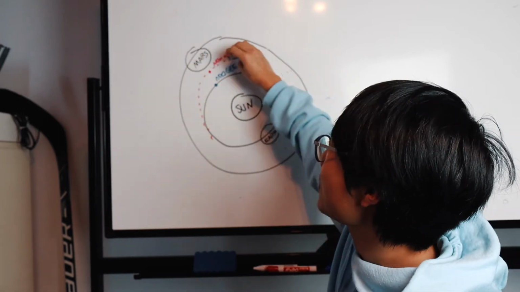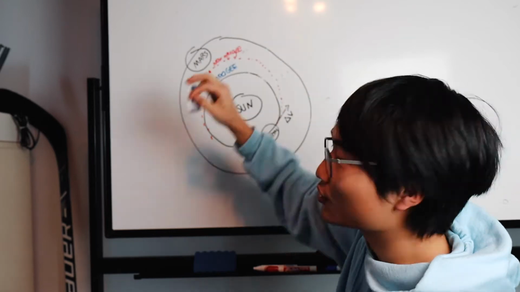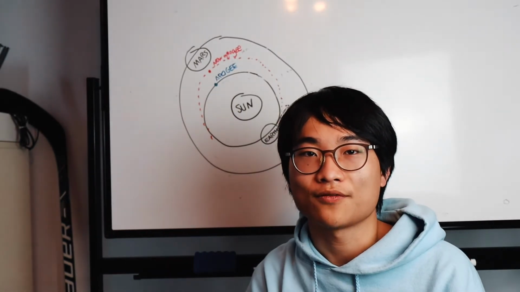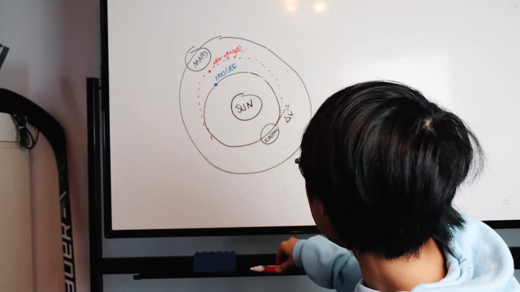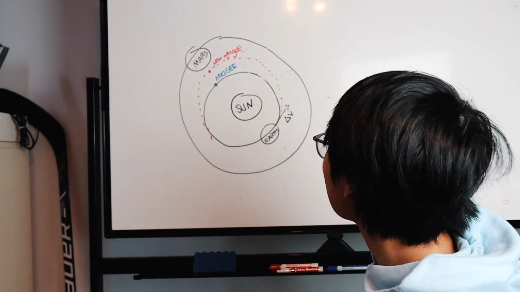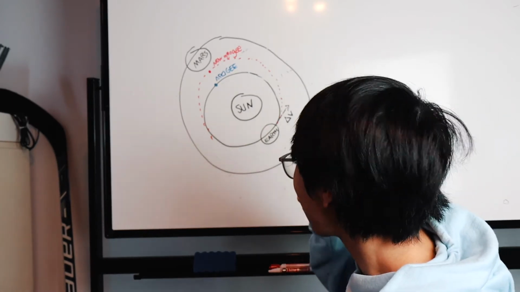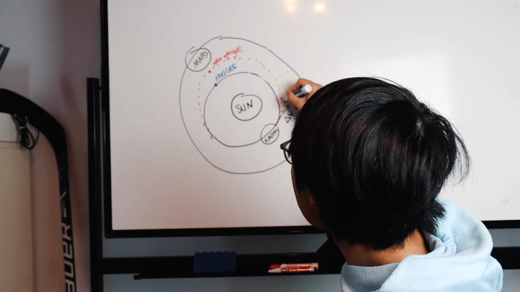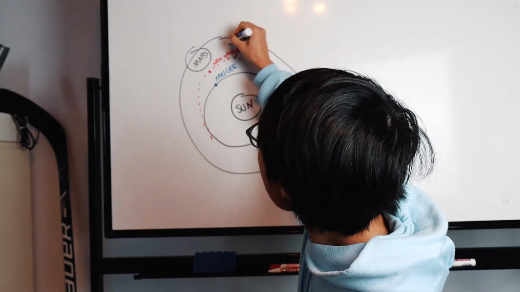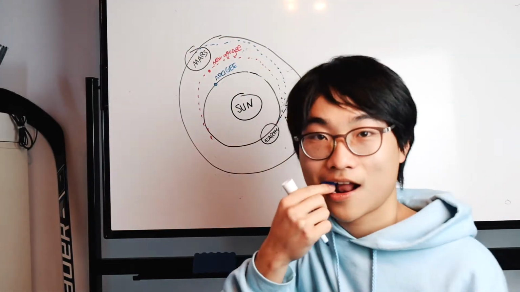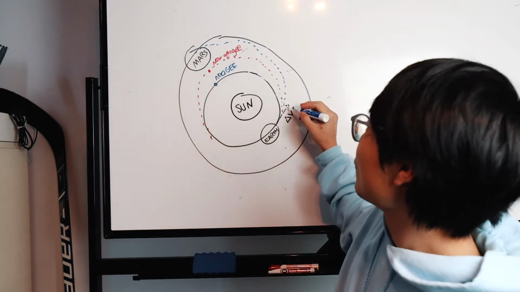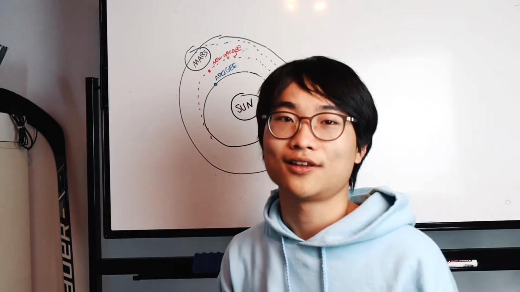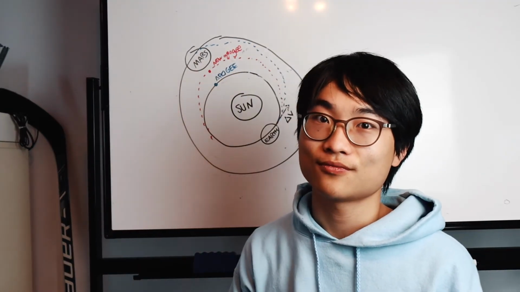Now, if we increase the velocity even more, to intercept the Martian gravity, it'll become something like this, right? So it'll intercept Mars. And that is how we go to the red planet.